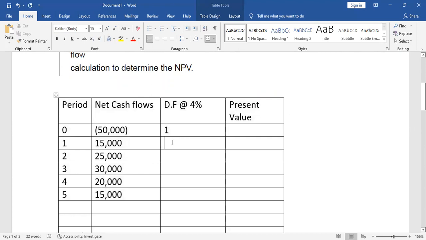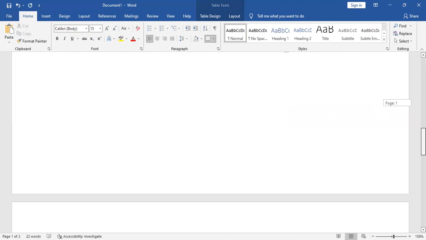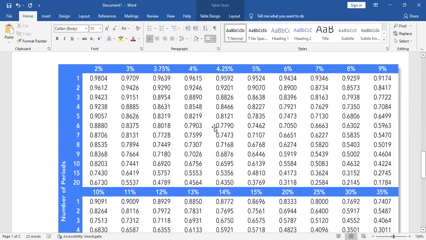Now I'm looking for the discount factors for year 1, 2, 3, 4, 5 at 4%. I've downloaded the table here. The percentages are on this side, and my area of interest is 4%, so 4% is here.